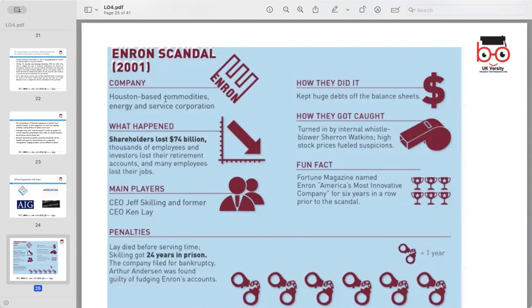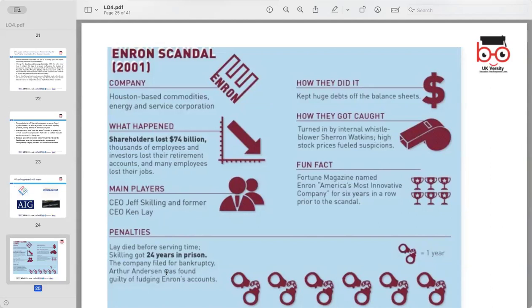Thousands of employees and investors lost their retirement savings, and the company filed for bankruptcy. CEO Jeff Skilling and former CEO Ken Lay faced penalties, with Skilling receiving a 24-year prison sentence, but I think Lay passed away before serving time.